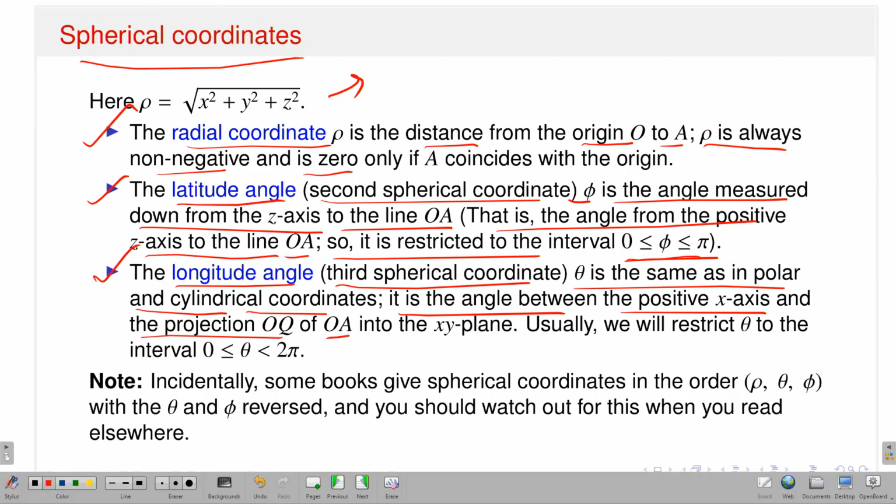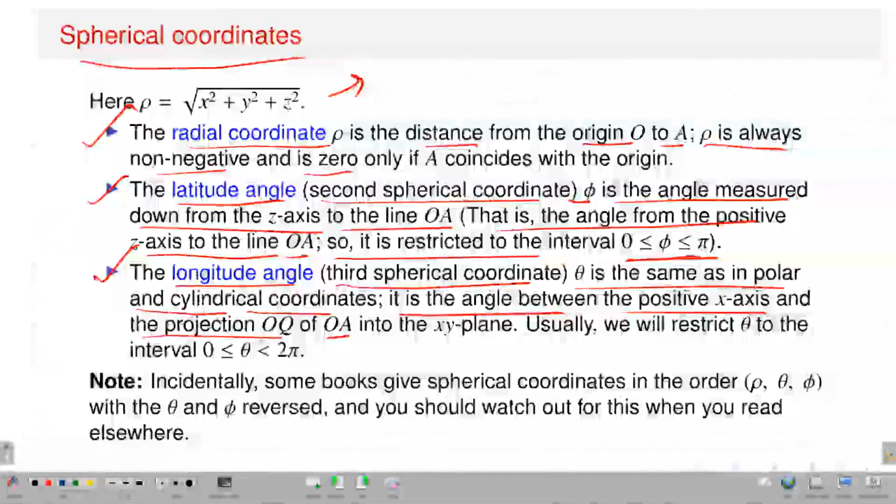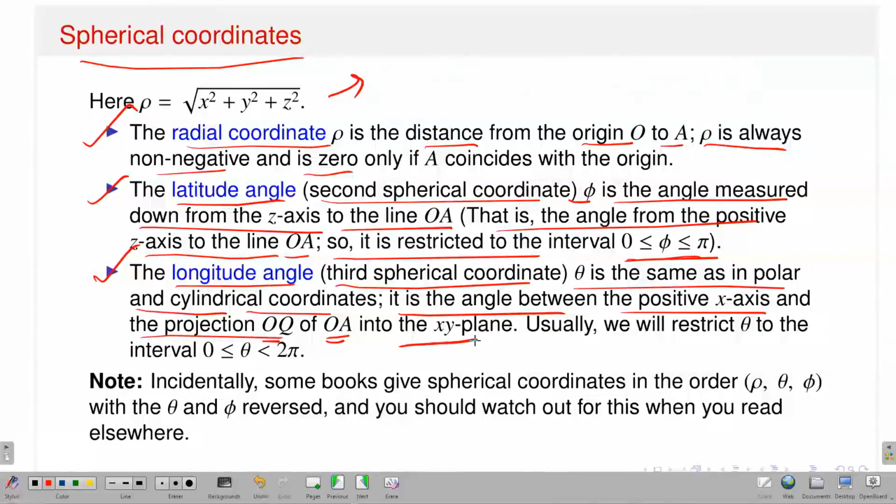That means you have the line OA, then you take its projection, which I denote as OQ. Usually we restrict theta to the interval 0 to 2 pi.